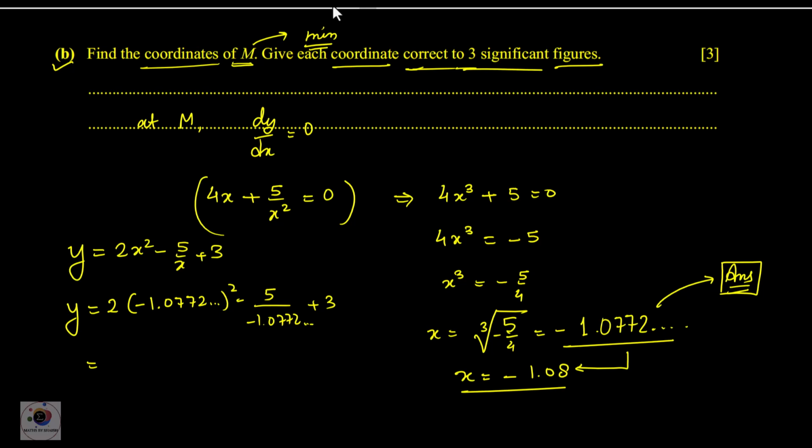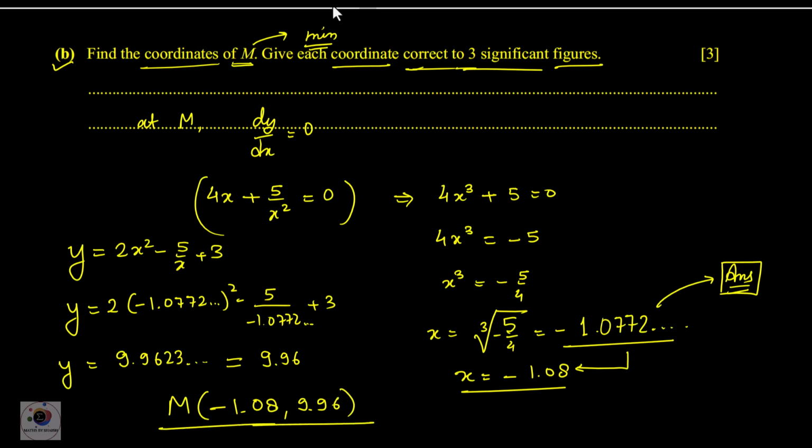The value I'm getting is 9.9623 and so on, and that's going to be the y value, but we need to write the answer correct to 3 significant figures, hence this is 9.96. So the coordinates of M are negative 1.08, 9.96. That's the answer.